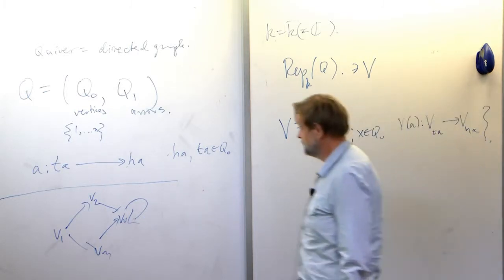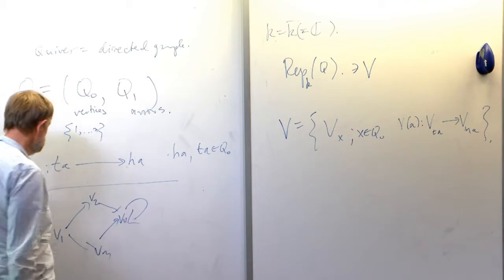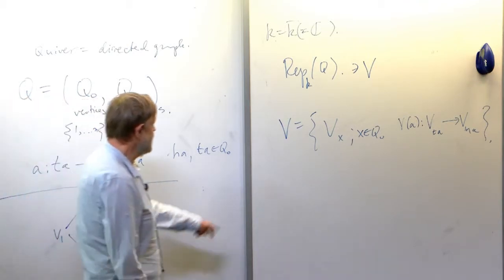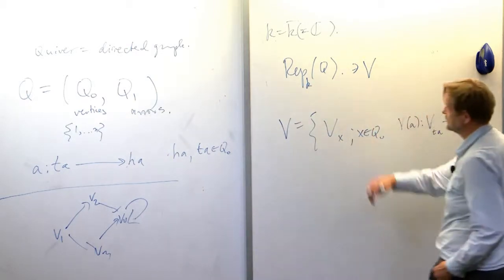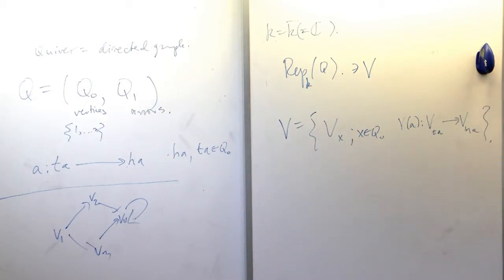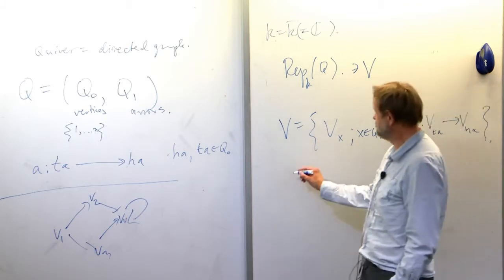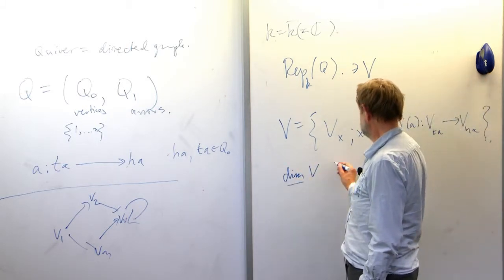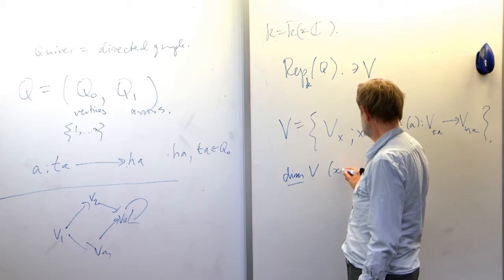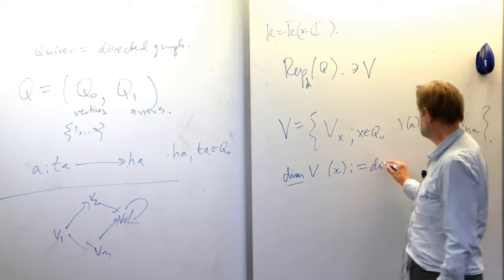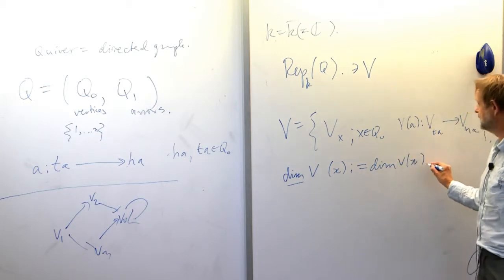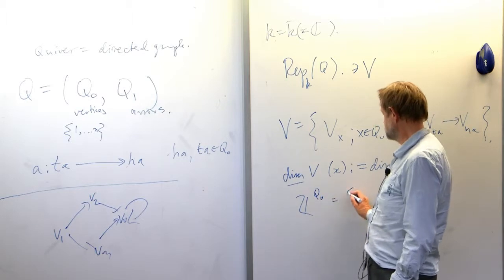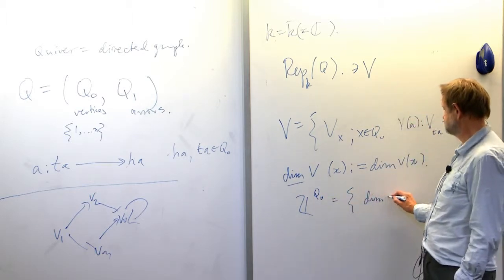So a representation of this quiver would be just 4 vector spaces and 5 linear maps. If you fix bases, you can really think of representations as matrices. And notice that such a V has a dimension vector, dimension V of X. So we have this space Z to Q0, which we can think of as the space of dimension vectors.